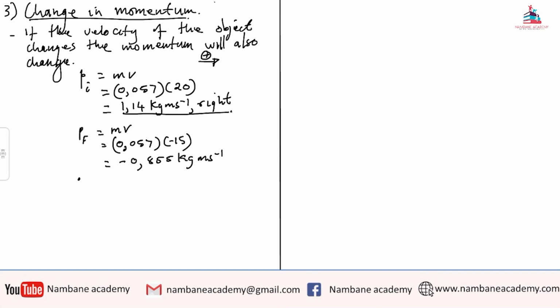Then you can just basically say P final is 0,855 kg meters per second to the left. But what was the question? There was no question. It is me just emphasizing the momentum before and the momentum after.